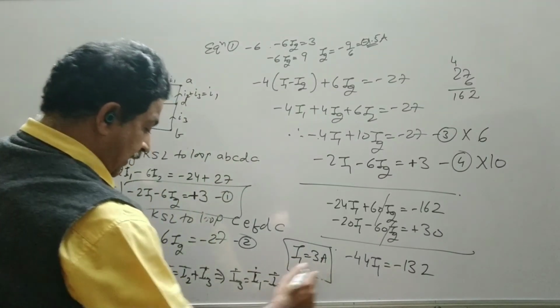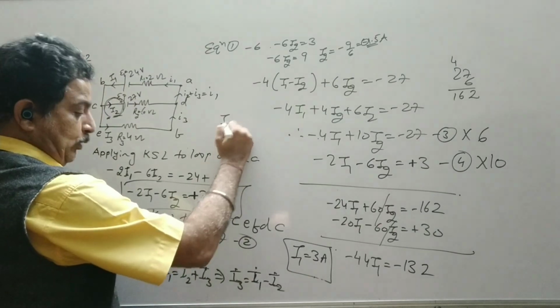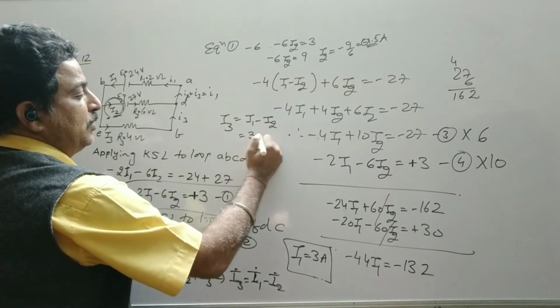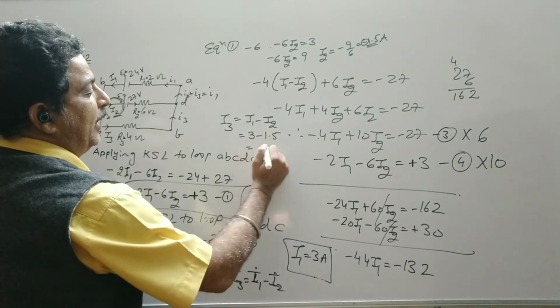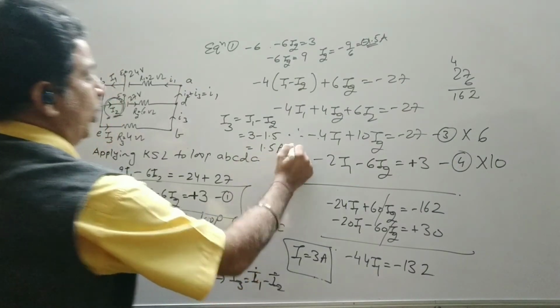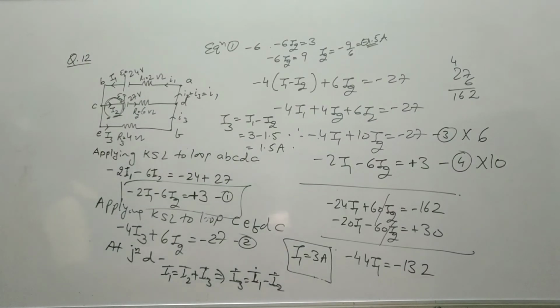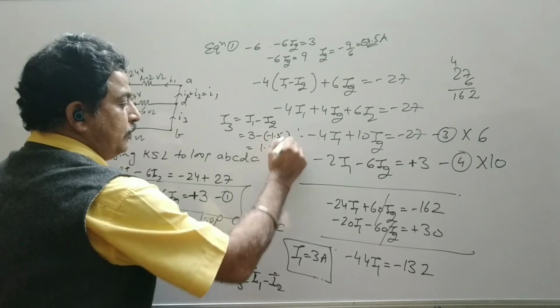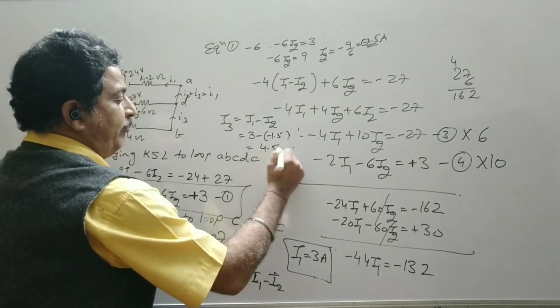Now I1 is 3, so I3 is equal to I1 minus I2. Sorry, I2 is equal to minus 1.5, so it becomes 3 plus 1.5, that is 4.5 ampere.